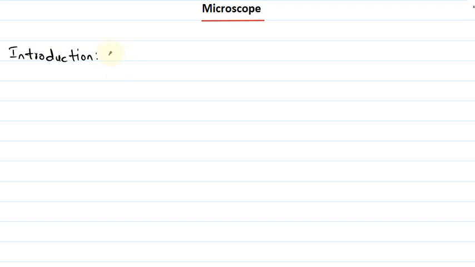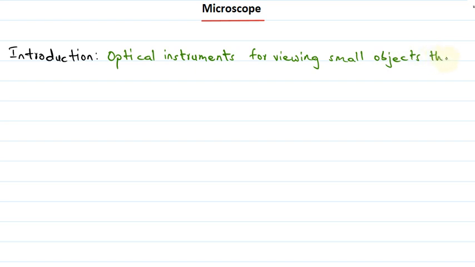They are optical instruments, and these instruments are used for viewing the small objects that cannot be visualized by our naked eyes.